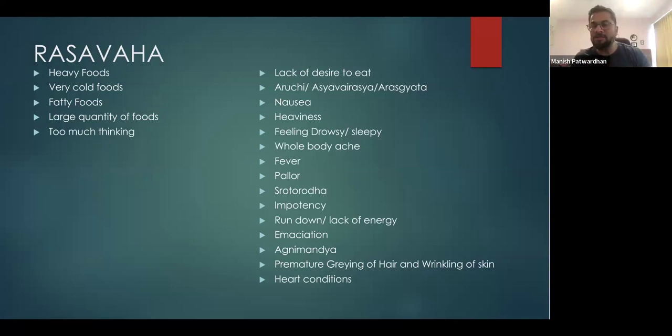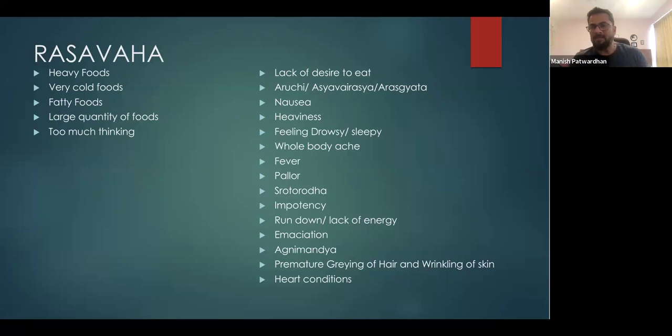But rasa is responsible for affinity. Rasa is responsible for love. Rasa is responsible for affection. Rasa is responsible for empathy. So these people, when they have disturbances with the rasa dhatu, you will find that they become very dry in their approach. They're not bothered. They're not affected by anything. They're not concerned about anything happening around them.